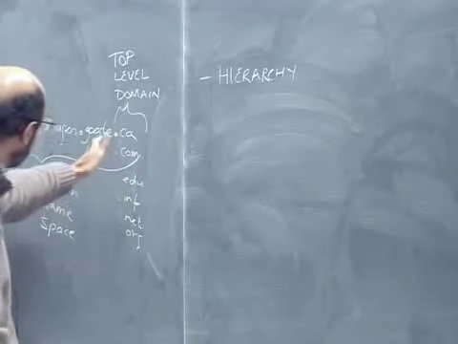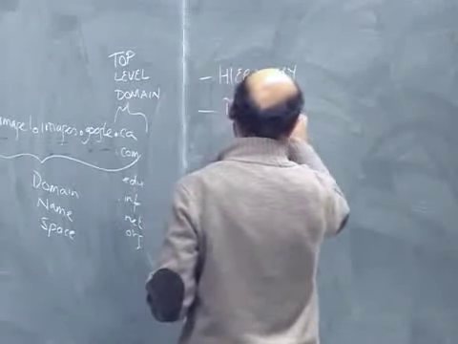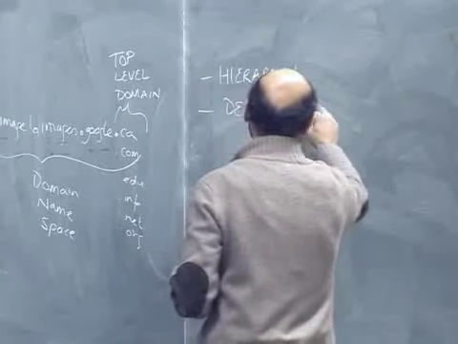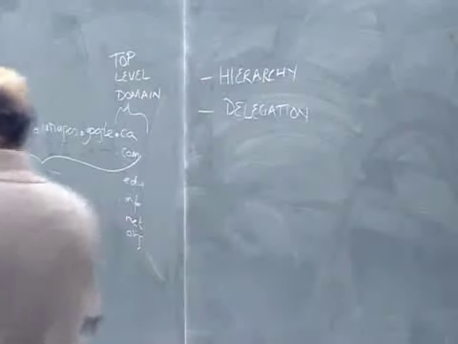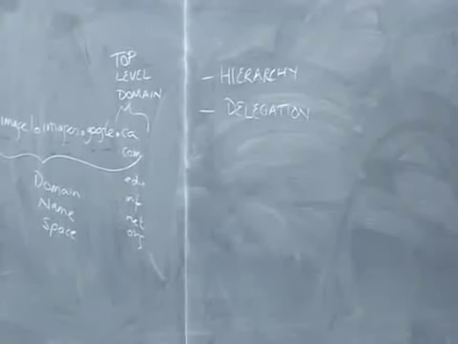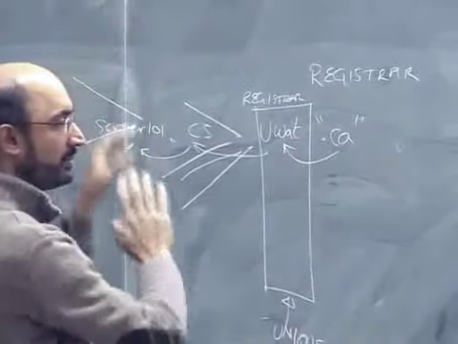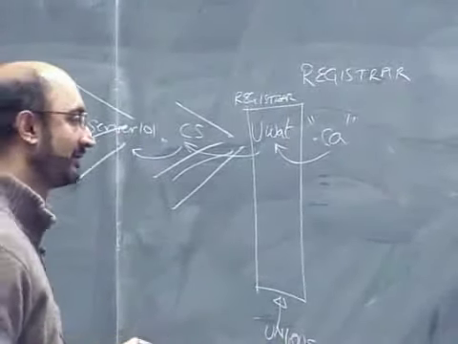And inside that, what we have is delegation. And the delegation says, okay, I'm going to transfer ownership of this part of the namespace. That means anything that has a suffix of uwat.ca, you got it. Nobody else is allowed to have that suffix uwat.ca, right?